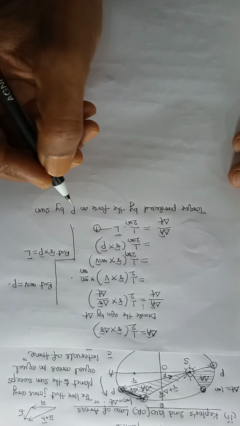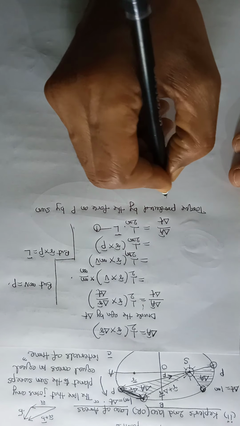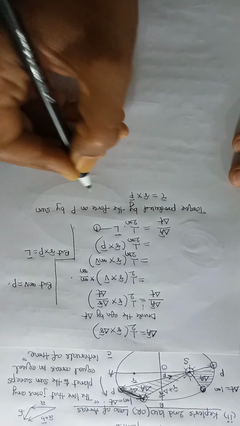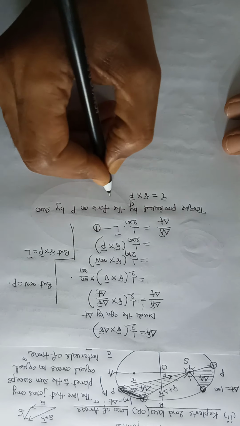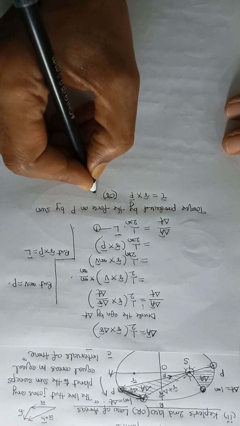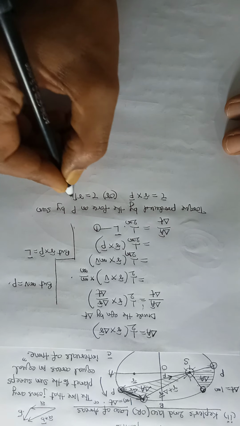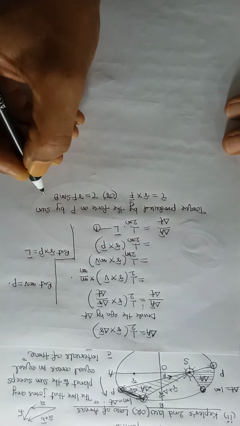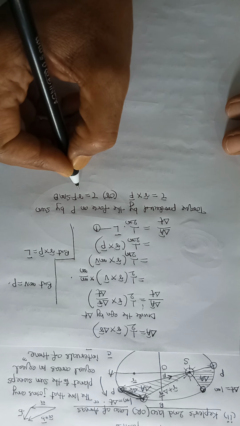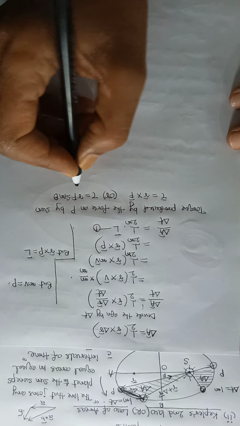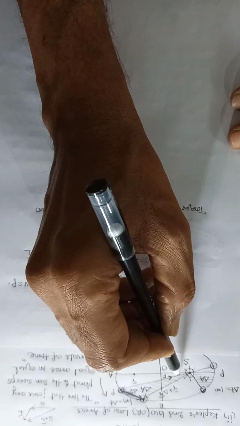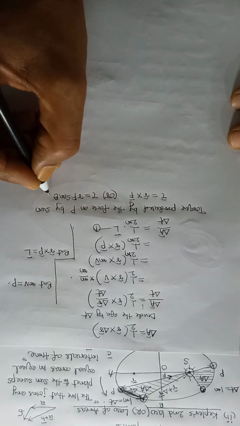What is the expression for torque? Torque is defined as R cross F. If you consider its magnitude, tau is equal to rf sin theta. Theta is the angle between r and f. Here r is to the right hand side, f is to the left hand side. The angle between them is 180 degrees.